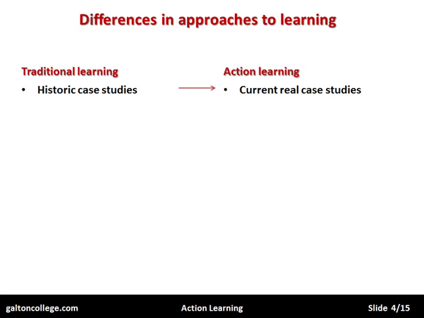We have our general education, we might have a business education or an engineering business background or whatever it is, but essentially we're working on this problem to try and find a solution. And there are very few sources that can help us, if any. So there's a big distinction between traditional and action learning.